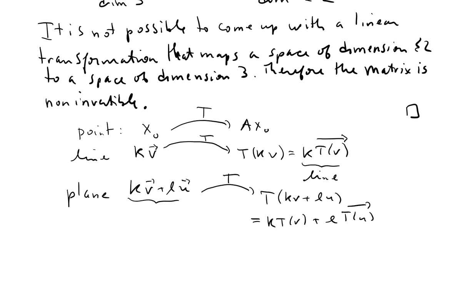So once again you've got a linear combination of two vectors. So if those two vectors Tv and Tu are linearly independent, then you're going to be mapping a plane onto another plane. If they are parallel, you're going to be mapping a plane onto a line. But the moral of the story is that the dimension can only decrease, it cannot increase.